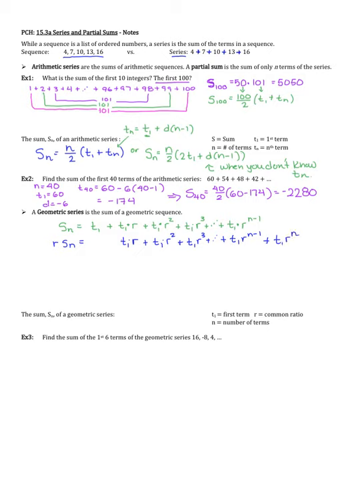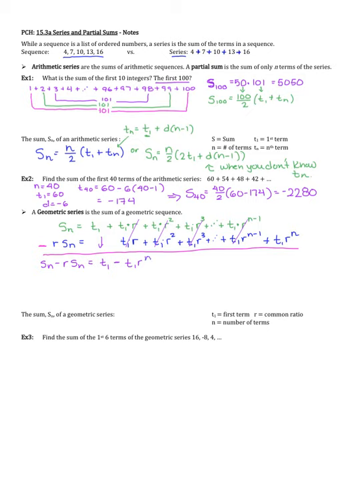And now here's where the magic happens. So we're going to take those two lines and subtract them from each other. So what I get is S sub n minus r times S sub n. The t sub 1 will come down. All these middle terms, because remember we're subtracting, are going to cancel. And then again we're subtracting, so this becomes minus t sub 1 times r to the n.